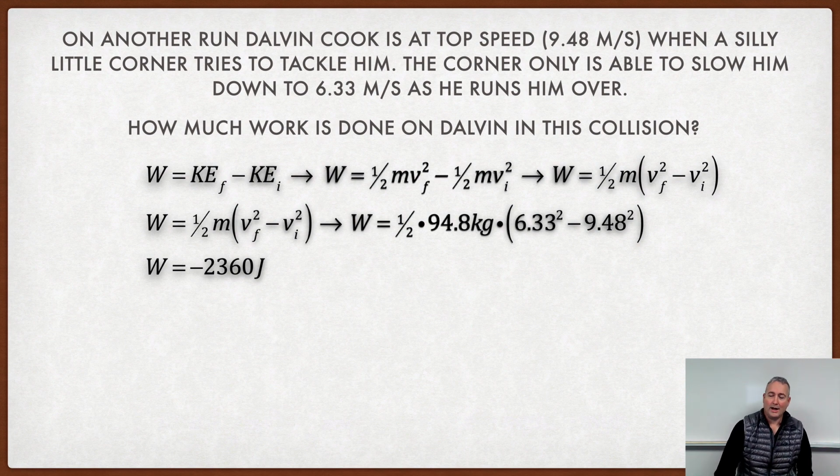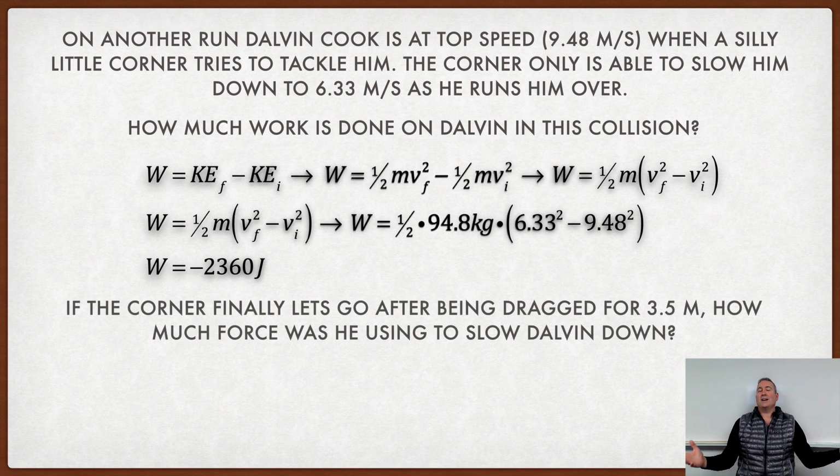All right. Now, what if, as this corner was holding on to Dalvin and trying to slow him down, he dragged him for another 3.5 meters? Well, now we know the change in energy, or the work done, and since work is force times distance, we can find how much force the corner was using on Dalvin.